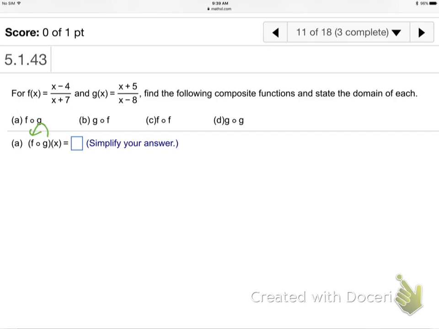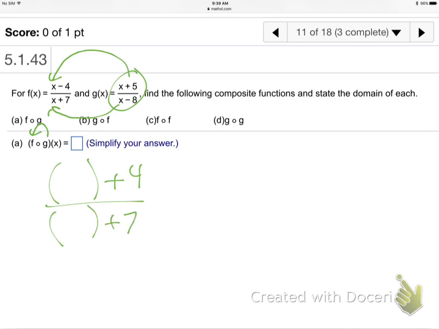All right, so I'm going to put all of g into f, into the x slots, right? So what do we get? We get something plus 4 over something plus 7 minus 4. And what are we plugging in?